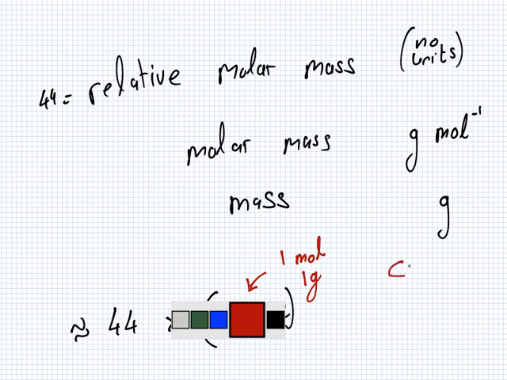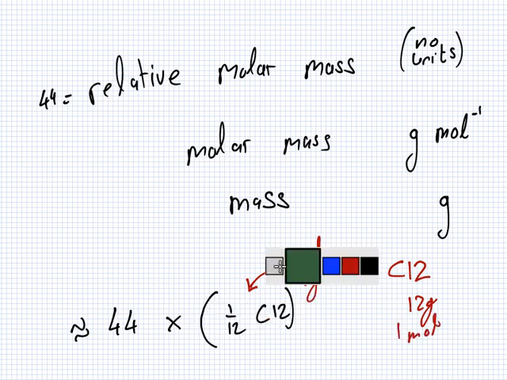Carbon-12 is 12 grams, is 1 mole. Okay. So when you say relative mass is 44, you're saying it's 44 times more than 1/12 of a mole of carbon-12.